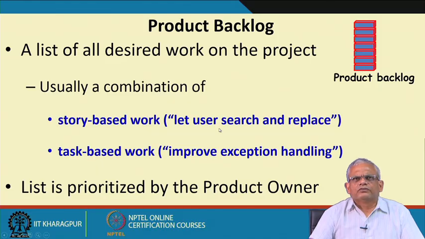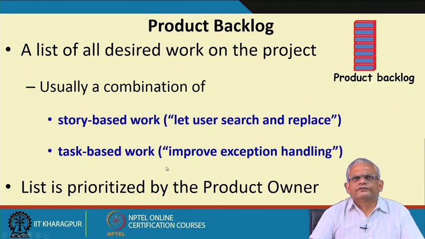One is the user stories, like let the user search and replace, store the item on the database, provide registration of the members, and so on. These are the story based items.